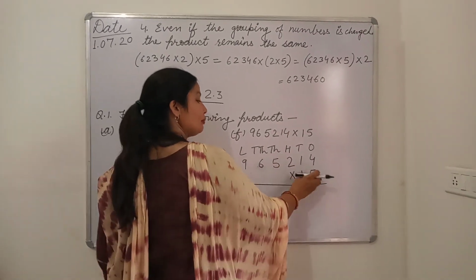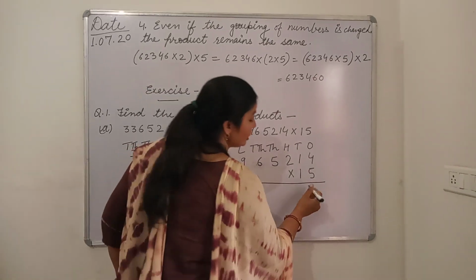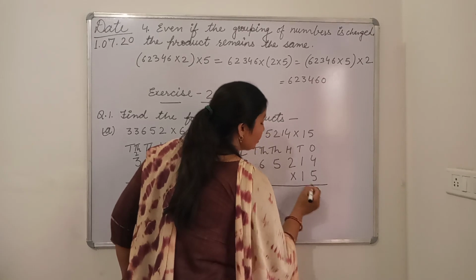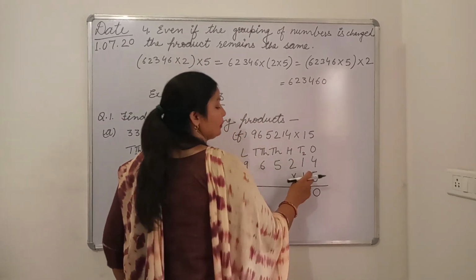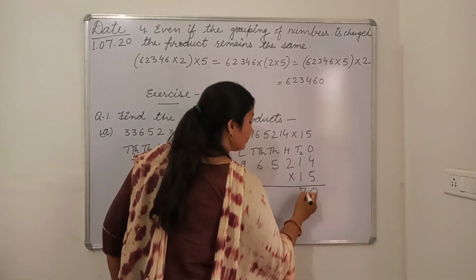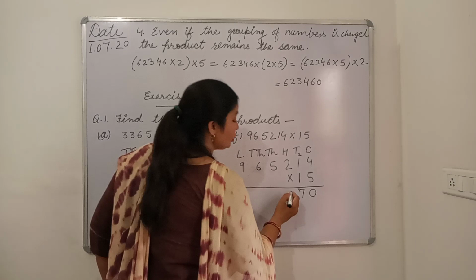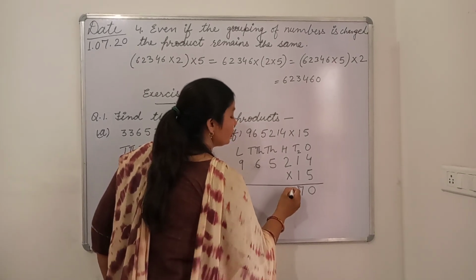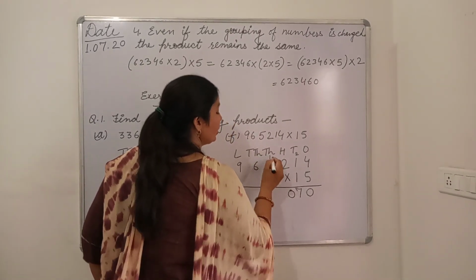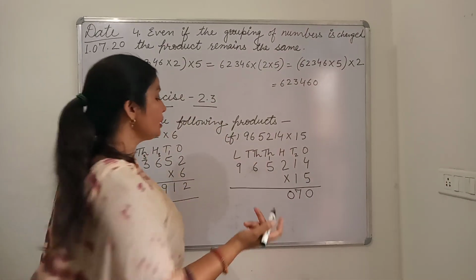Firstly we multiply by 5 ones. So 5 fours are 20. So we write here 0 and 2 goes carry. 5 ones are 5. 5 plus 2, 7. 5 2s are 10. So write here 0 and 1 goes carry. Now 5 5s are 25. 25 plus 1, 26.